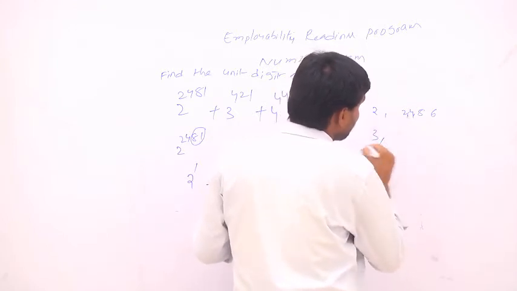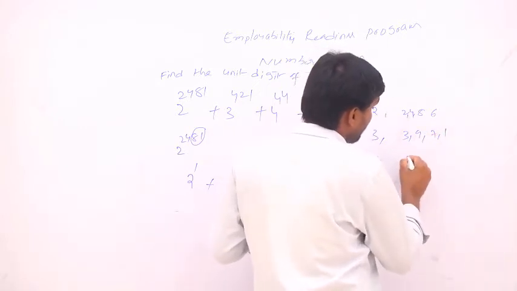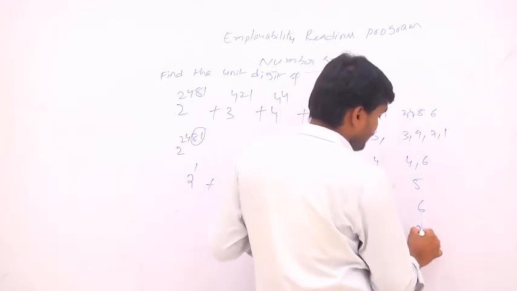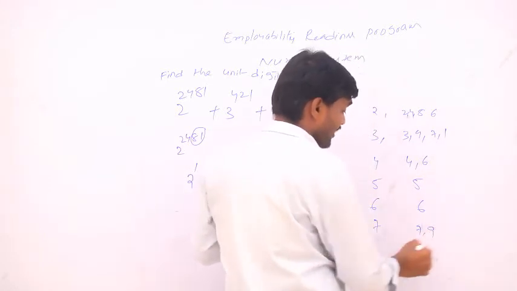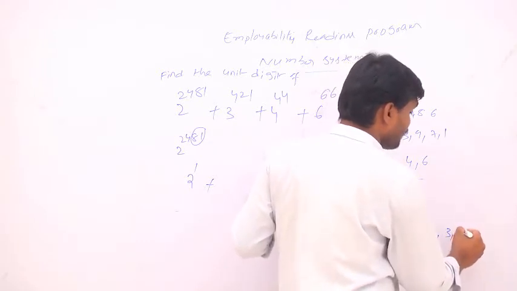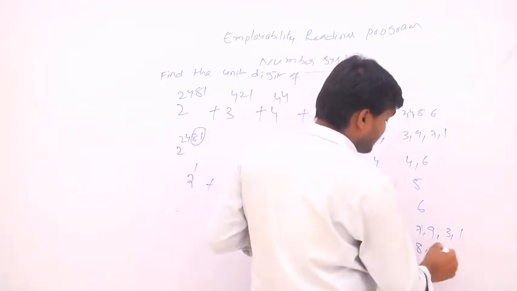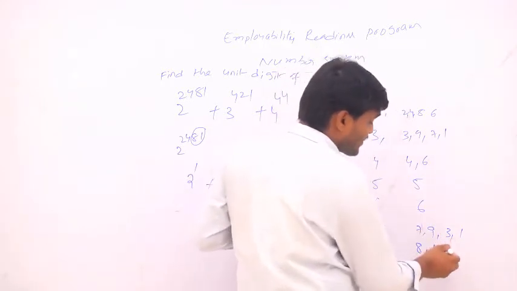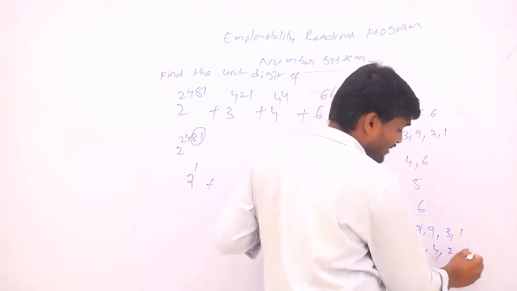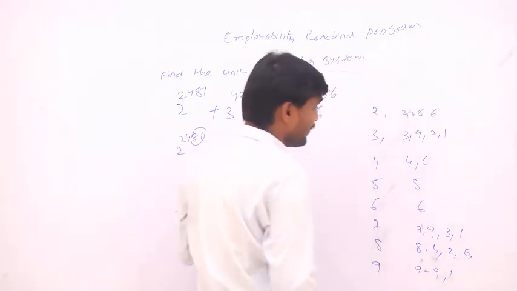For 3 power, the elements are 3 power 1 is 3, 3 square 9, 3 cube 27, then 1. 4 power 1 is 4, then 6. 5 power any number is 5, 6 power any number is 6. 7 power 1 is 7, 7 square 49, that is 9, then 7 cube 343, then 7 power 4 is 2401, the unit digit is 1. 8 power 1 is 8, 8 square 64, the unit is 4, 8 cube 512, the unit is 2, then 4096, the unit is 6. 9 power 1 is 9, 9 square 81.